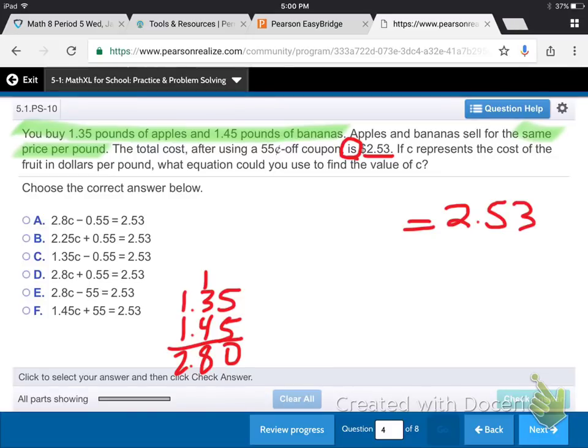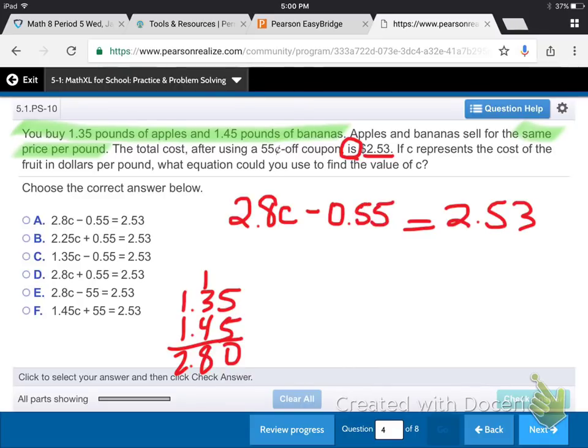We don't know how much we're paying per pound, but whatever it is, it is whatever it is. How much are we paying per pound? Let's say, whatever it is, it's C. And whatever that price is, we're going to subtract 55 cents. Not per pound, just total, 55 cents.